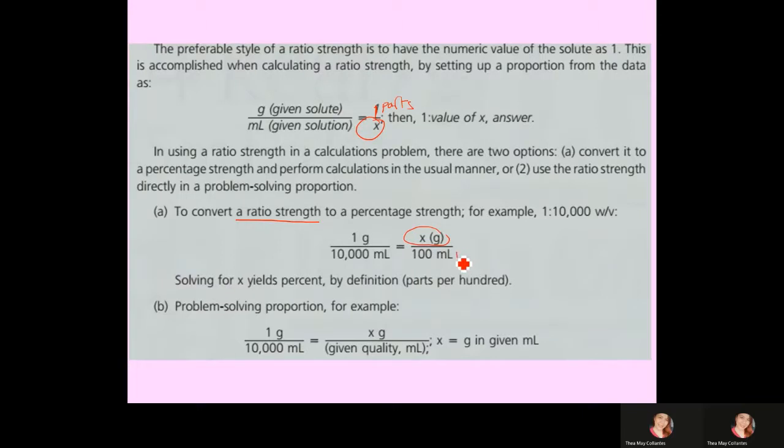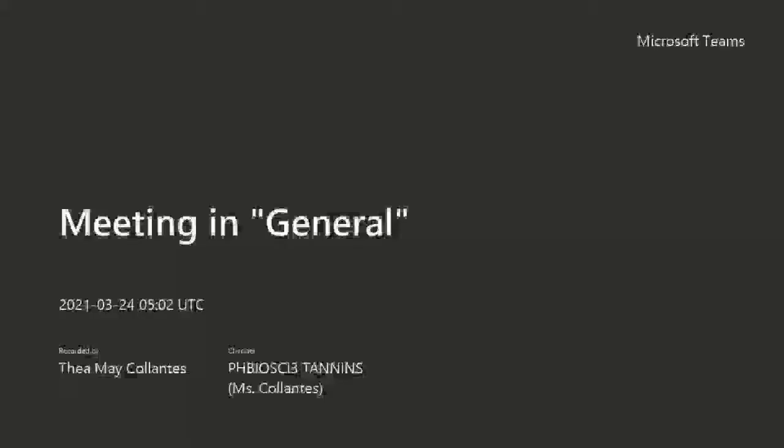And what we should relate it to is the 100 ml. It's easy, no? So if you want it to convert to ratio, just use 1 above, X below. If we would want to relate it to 100 in order for it to become a percent weight per volume value, then just put X above and then we'll put 100 to it. Okay? And the resulting amount would be the one representing your whole solute that could be dissolved in the 100 ml solution.